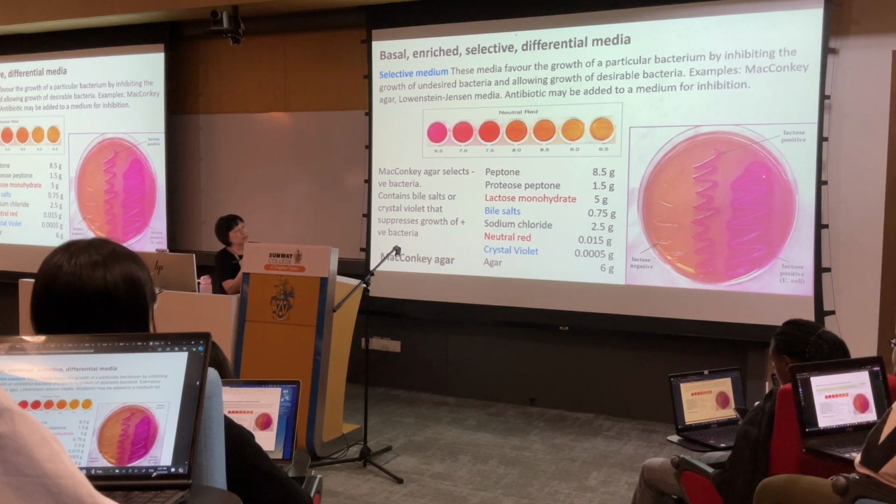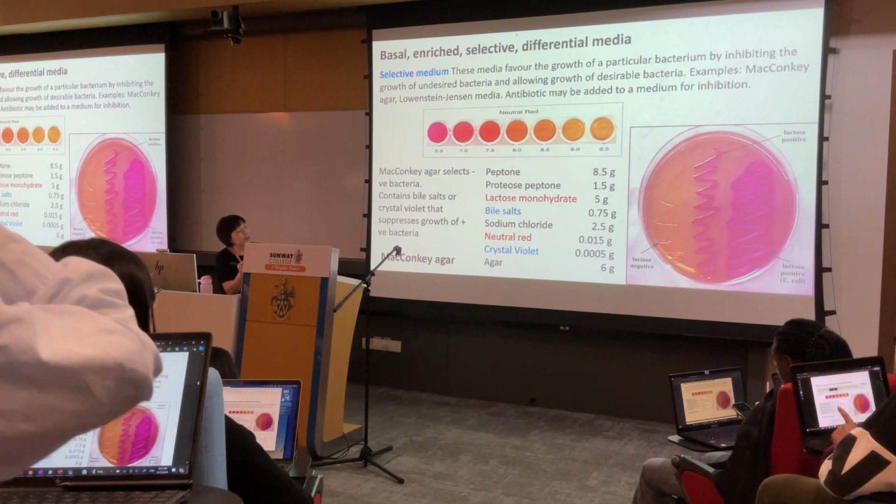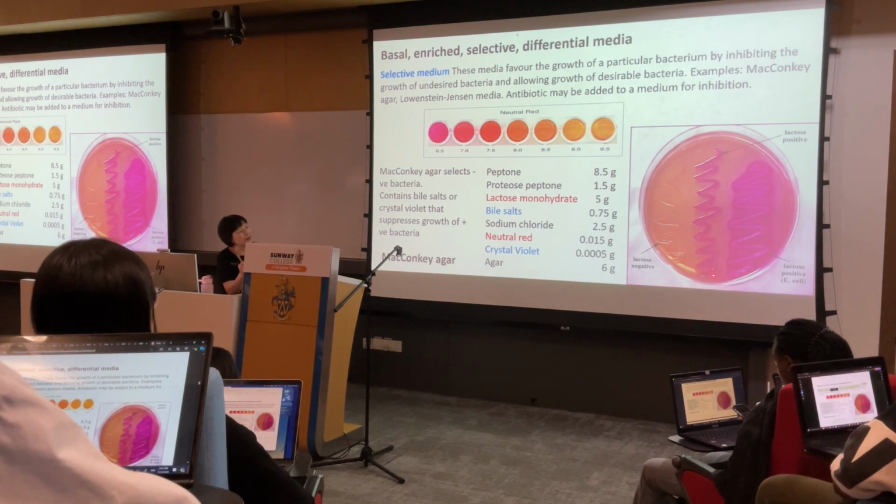Those acidic products will turn the color of the colony red, because of the presence of neutral red in the agar. So neutral red is an indicator. If the bacteria produce a lot of acidic product, it all becomes red. E. coli has the most of them. This one may have a little less, but it is also a lactose fermenter.